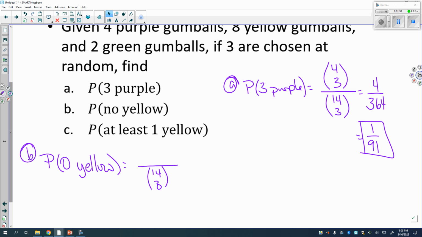A lot of people try to go 8 choose 0, which isn't what I want because I have to pick 3. So rather than using the number of yellow gumballs, I'm going to take the number of not yellow gumballs, which would be 6, and still pick 3 from those. So that's 6 choose 3 over 14 choose 3, which would give me 20 over 364. And in lowest terms, that's 5 over 91.